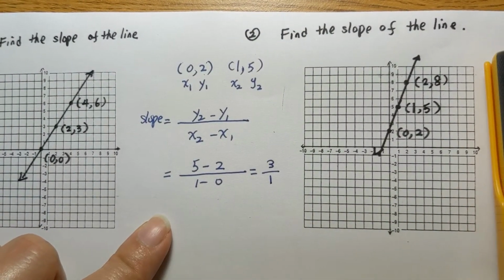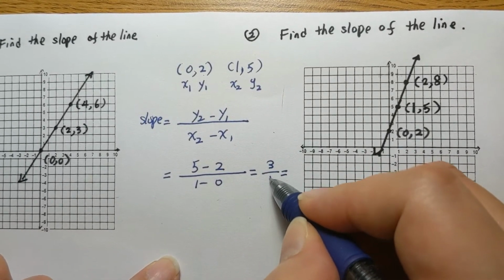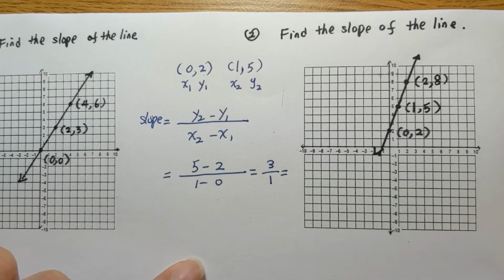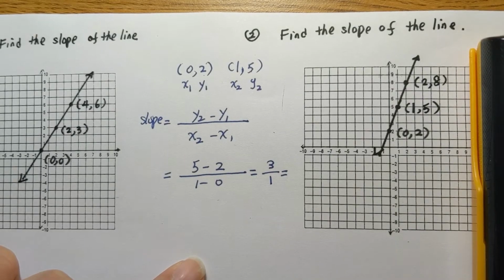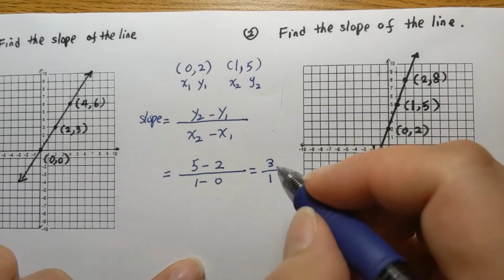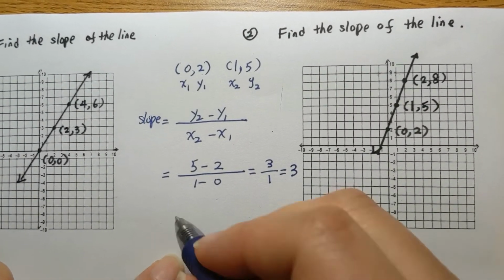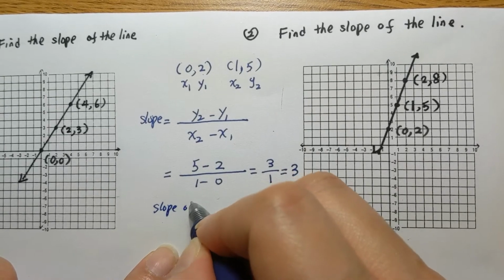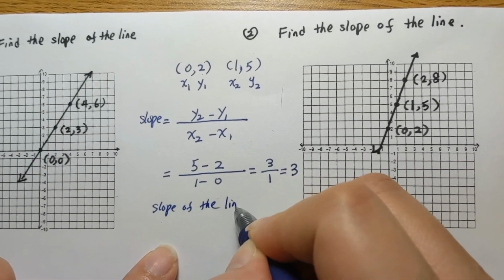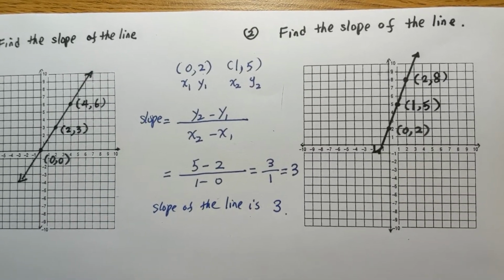So you get 3 over 1. If you have a 1 on the bottom, it can turn into an integer. So 3 divided by 1 is 3. So we say that slope of the line is 3. So we finished this question.